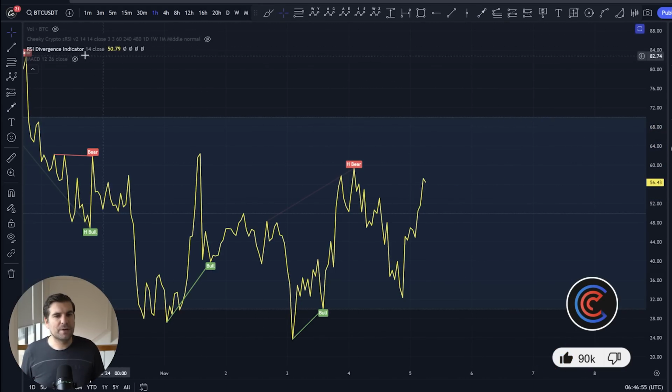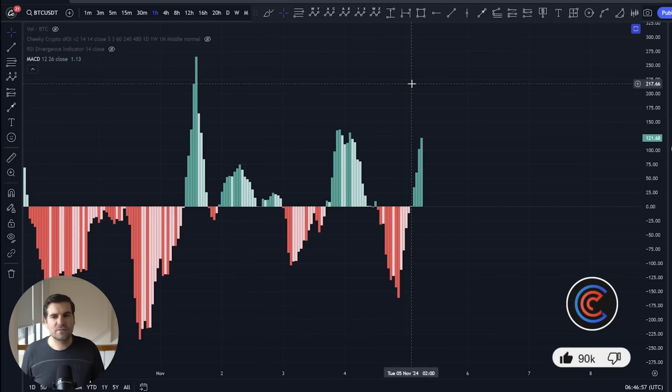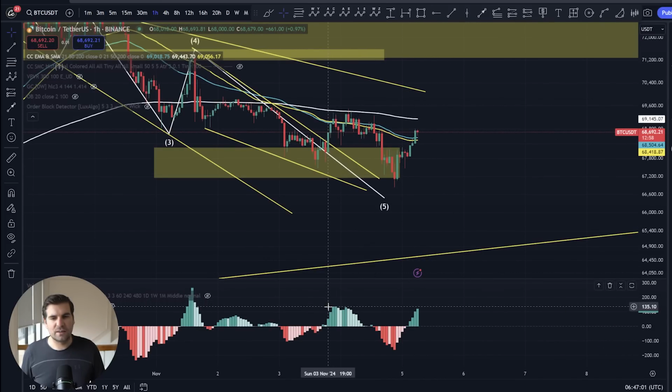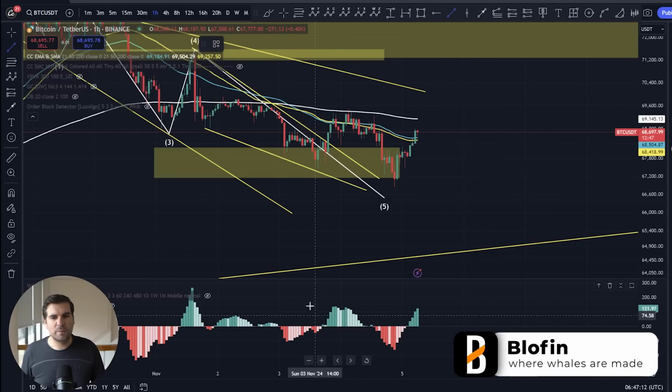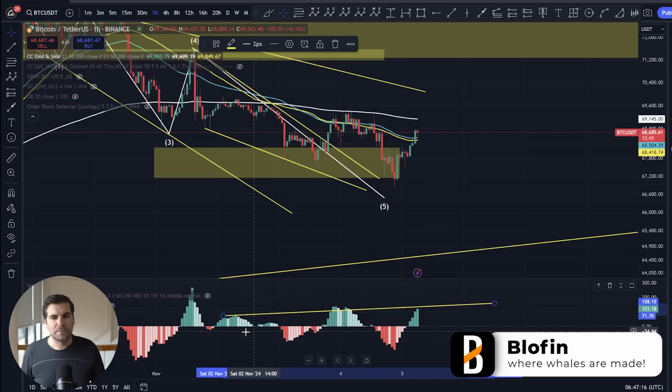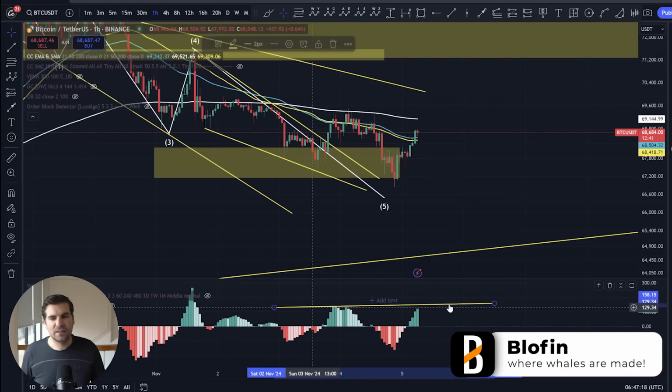Okay, now if we go ahead and take a look at the MACD histogram in relation to the price action here, look at this, very interestingly, if this continues to grow here, we might actually see some bullish divergences. So we're not there yet. What we would be looking for would be essentially growth in the histogram here. We're not yet there.